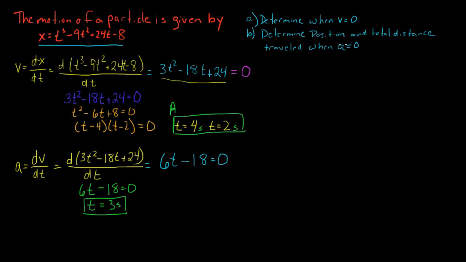And we need to determine the position and total distance traveled. So we take 3 seconds, the time we just found, and we put 3 seconds into this equation for x.